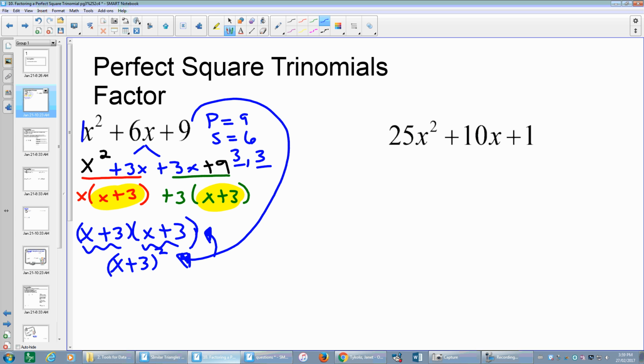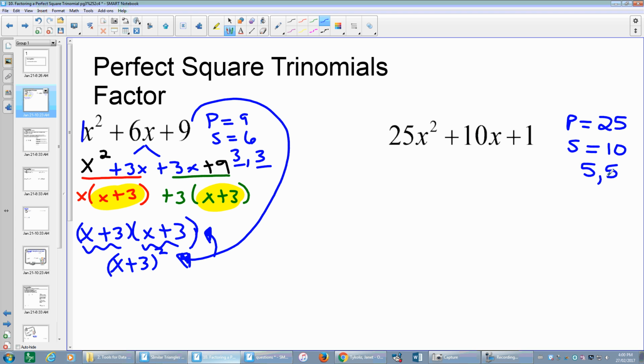This one is now a complex trinomial, because I take a and multiply it by c, so I need to find two numbers that multiply to 25 and add to 10. We know that the two numbers that multiply to 25 and add to 10 are 5 and 5.